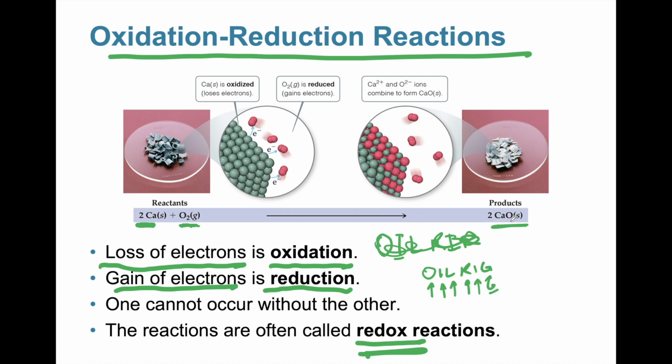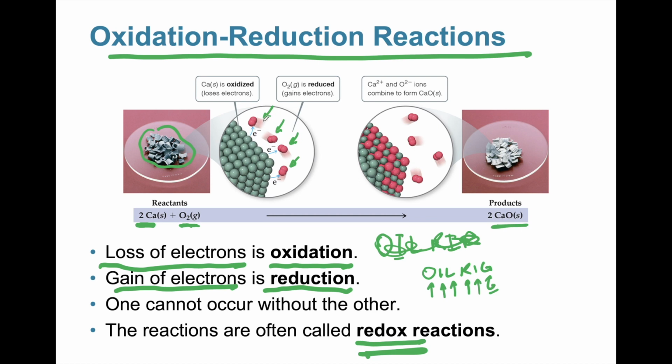What's happening here is that the solid calcium, which is what you see right here, interacts with oxygen molecules, right? And when it interacts with the oxygen molecules, it just takes electrons from the oxygen molecules. Sorry, it doesn't take electrons. The oxygen molecules take electrons from it, rather, right?